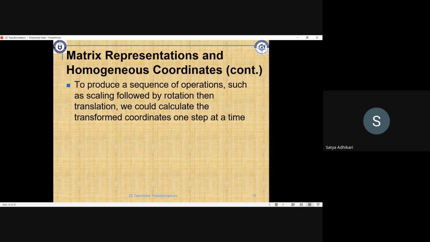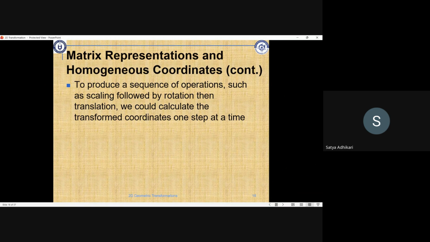If you want to apply a sequence of operations on an object, such as scaling followed by rotation and then translation, that is, on the same object we want to apply a sequence of operations. First suppose we make scaling, then rotation, and then translation.